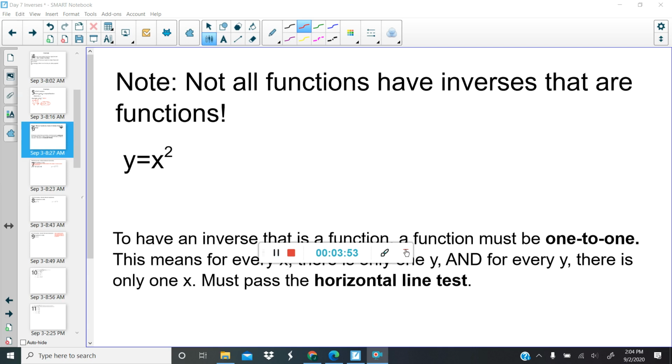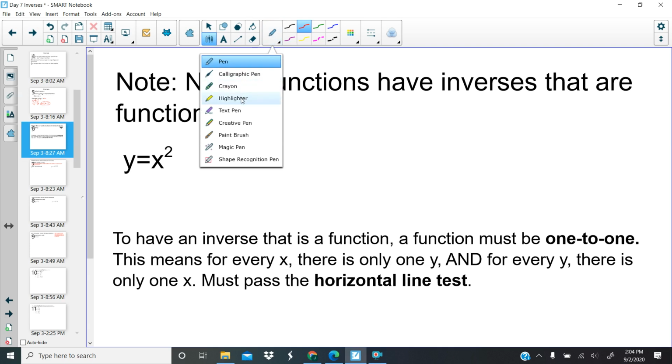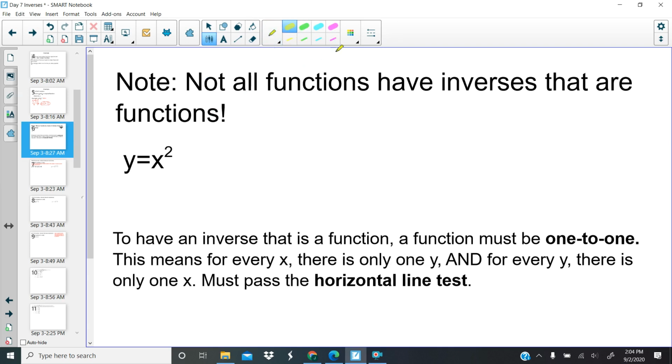Now we're going to go a little bit more into why it's important to know that it's just flipping over that line y equals x. First of all, not all functions have inverses that are functions. If the inverse is not a function, then you're going to need to restrict the domain so that it is.